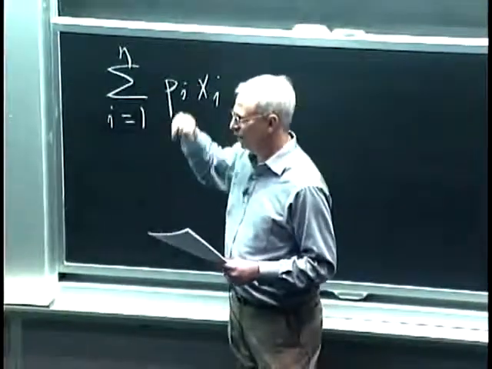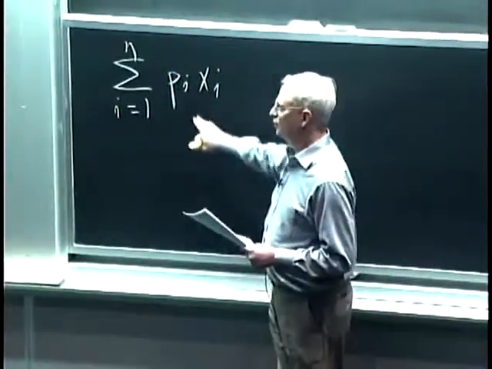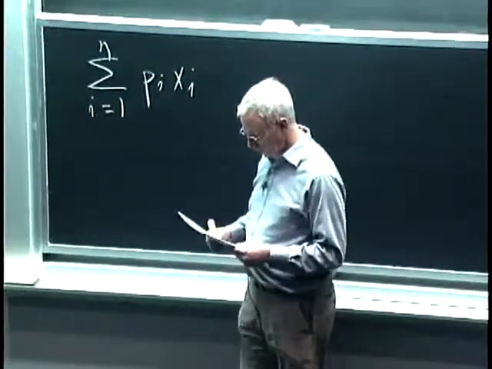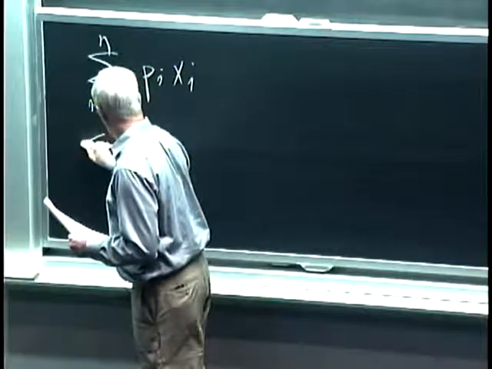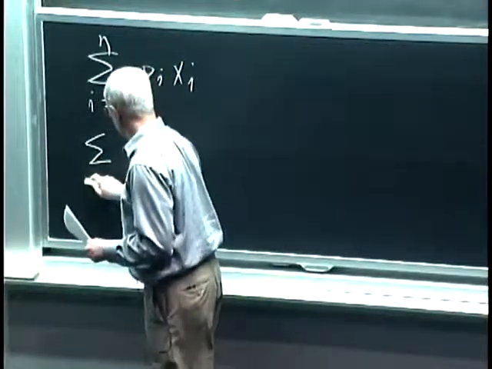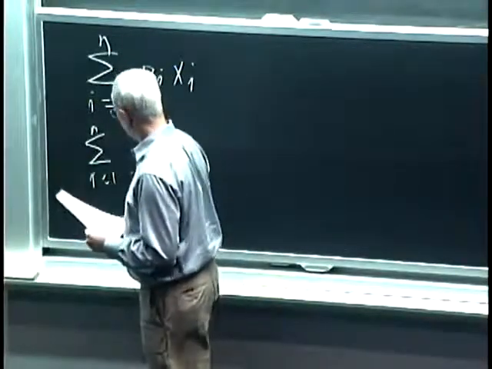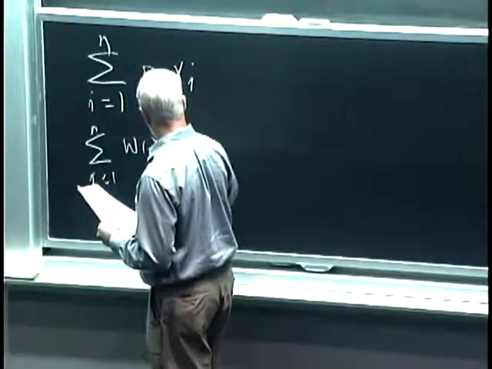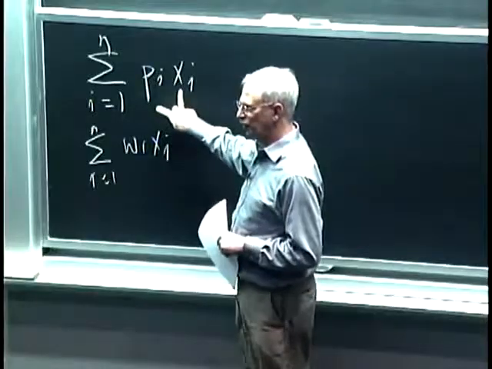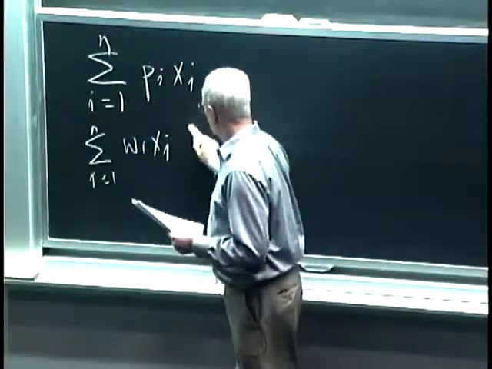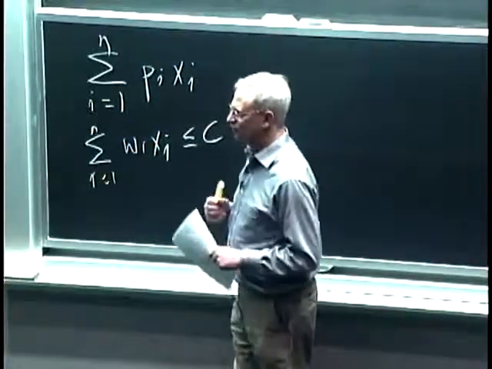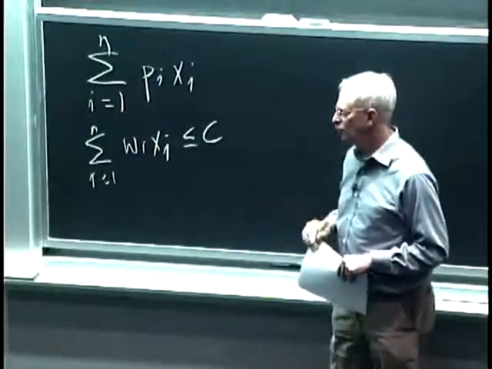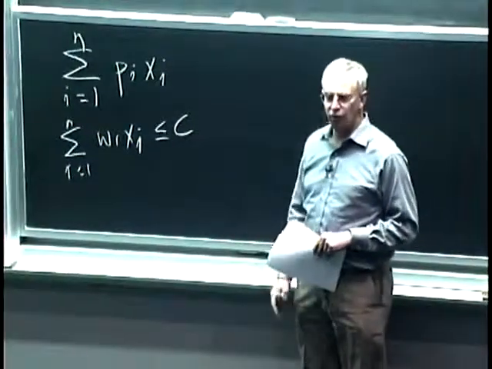Maybe it should be 0 to n minus 1, but we won't worry about that. And we had to do it subject to the constraint that the sum from 1 to n of the weight sub i times x sub i, remember x is 0 if it was not in, 1 if it was in, was less than or equal to the cost, as I wrote it this time, which was the maximum allowable weight.